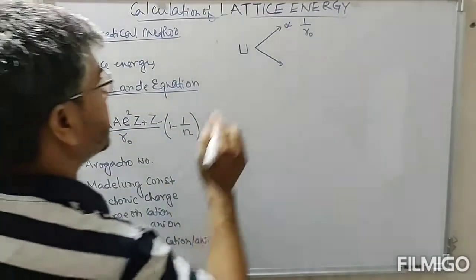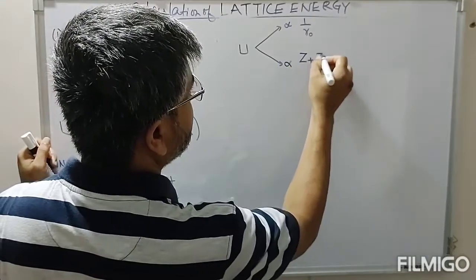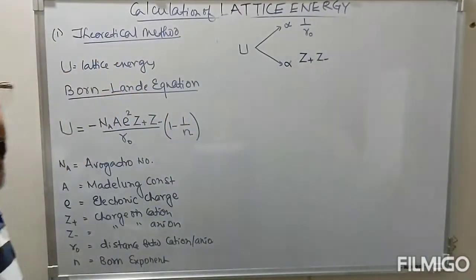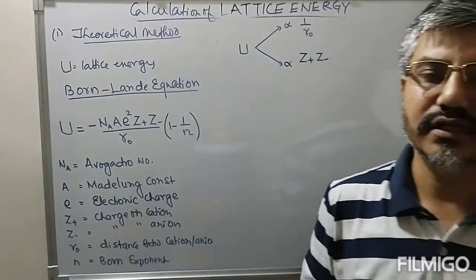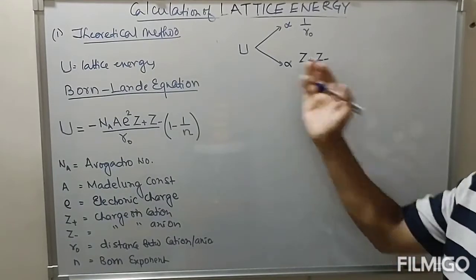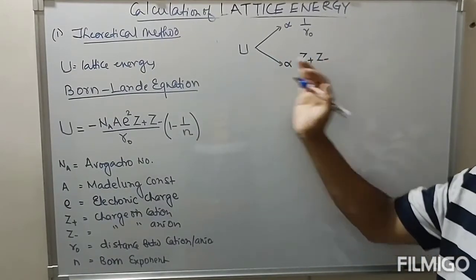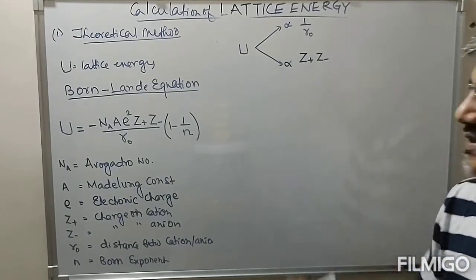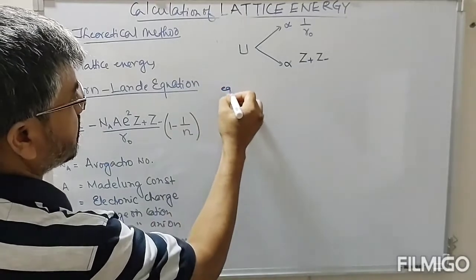And the second factor is that this lattice energy is directly proportional to the product of charge on the cation and anion. So the greater the charge on the cation and anion, the larger the lattice energy. If the charges on cation and anion are less, then the lattice energy will be less. Now let's explain by use of an example.